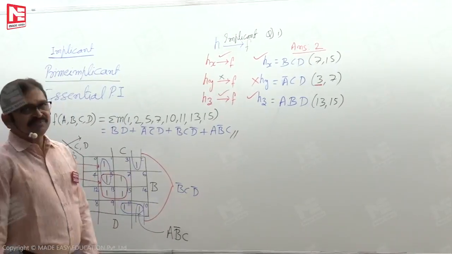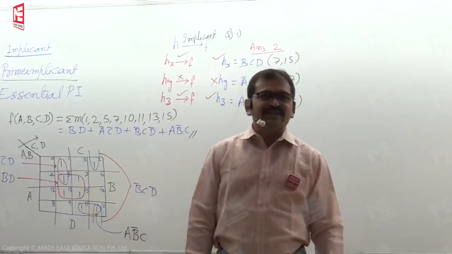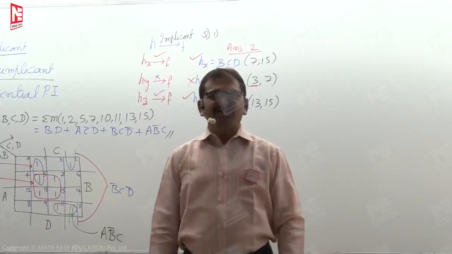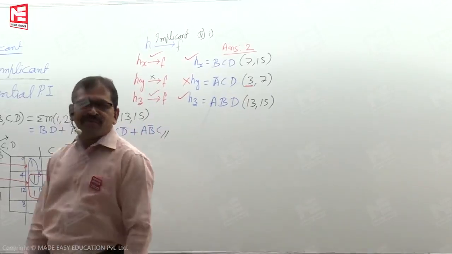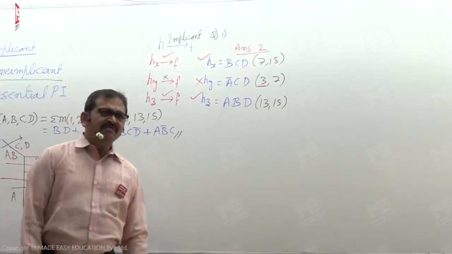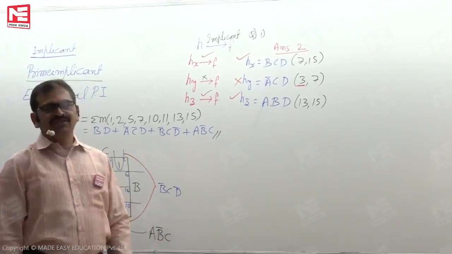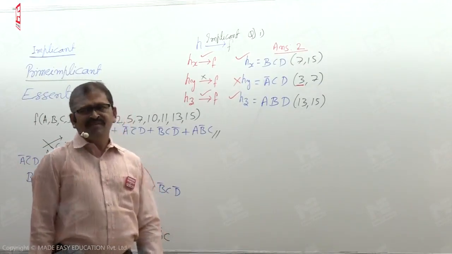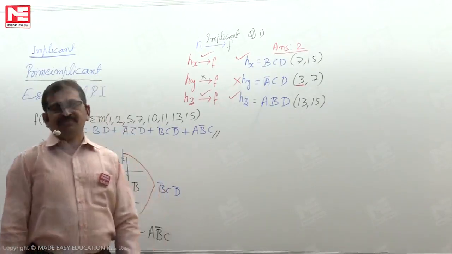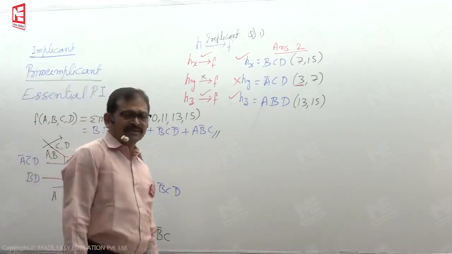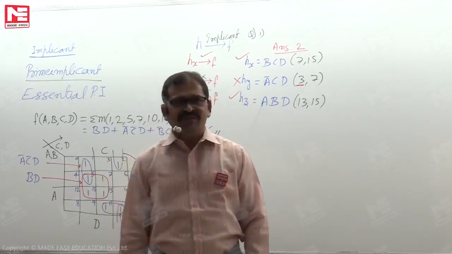A prime implicant is a smallest possible product term from which removing any one of the literals is not possible. I'm repeating: a prime implicant is a smallest possible product term from which removing any one of the literals is not possible.